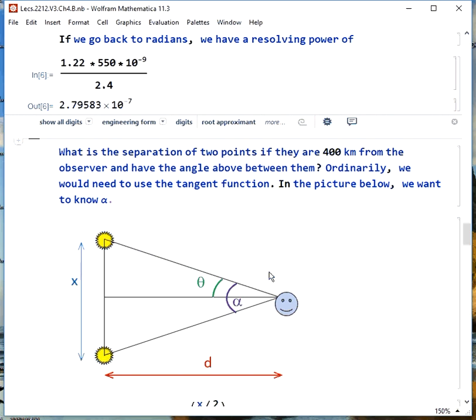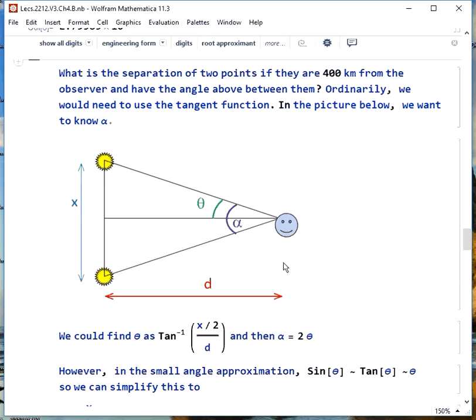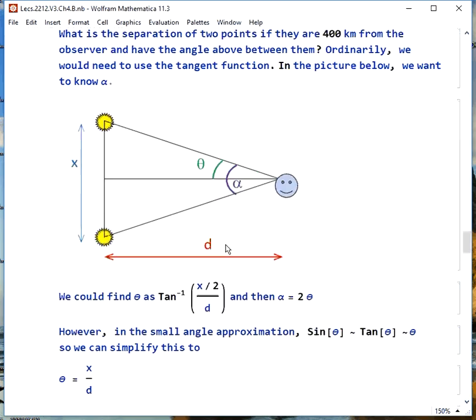Ordinarily, we'd use the tangent function. You can see the geometry here. If alpha is the apparent angle between these two sources, d is the distance, x is the distance between the sources, we could do the arctangent of x over 2 divided by the distance, and that would give us this angle theta, and we would double it to get alpha.